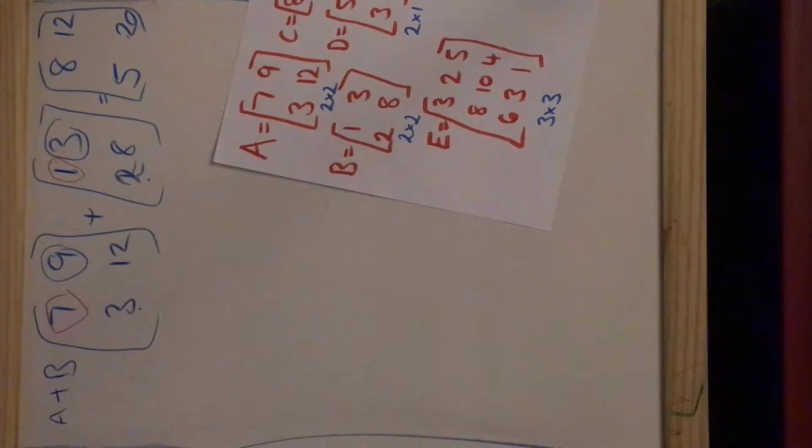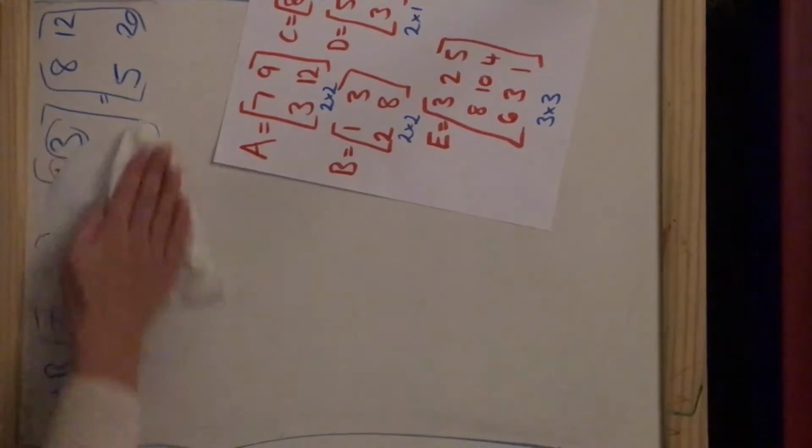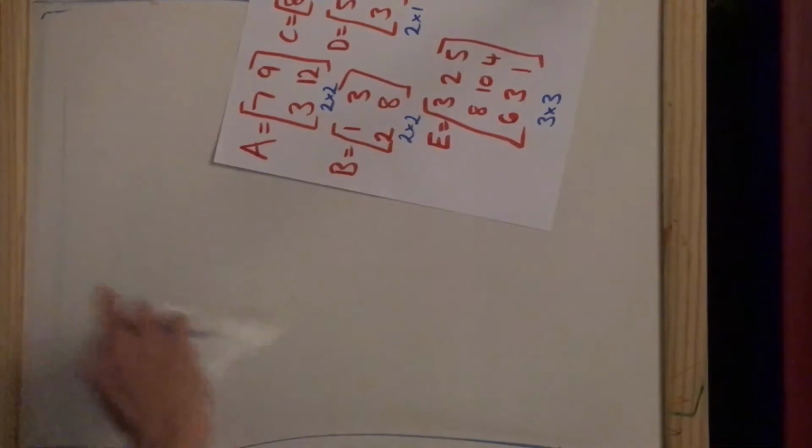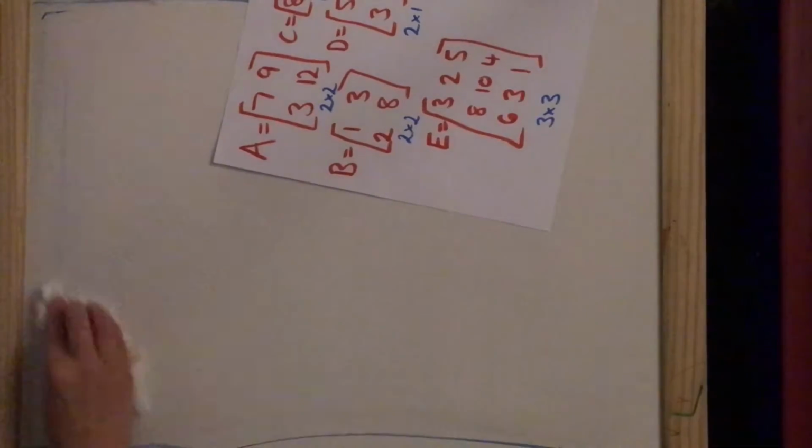Multiplication, as I said, gets a little bit more complex. We can't just take 7 and multiply it by 1, for example. Just going to show you now how we would do this.